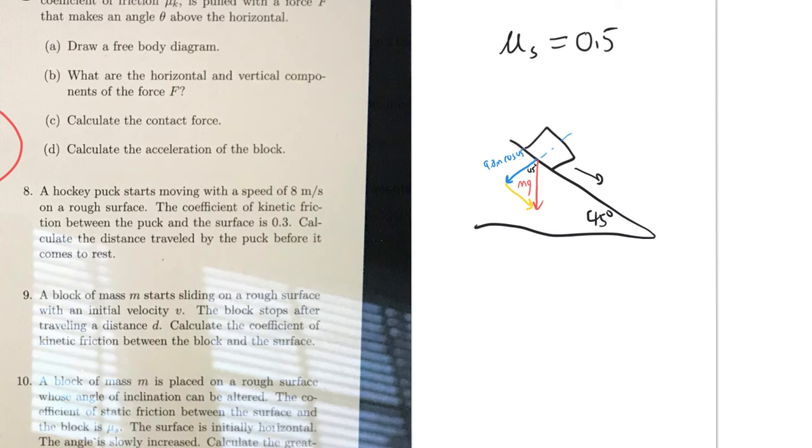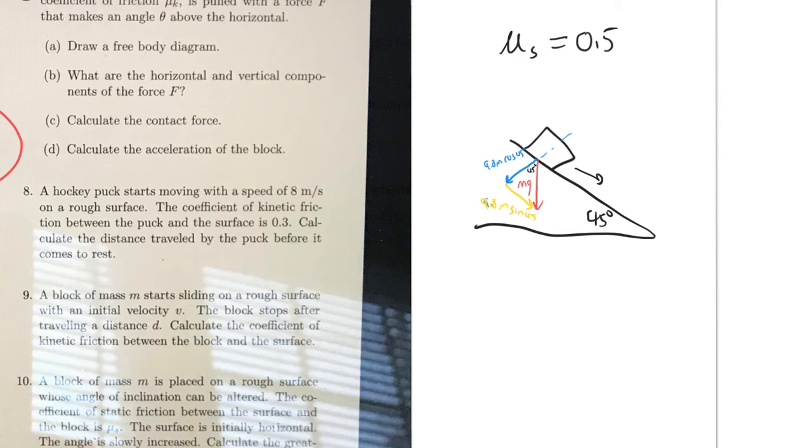So, okay. And the yellow one is going to be 9.8 times the m, the mass, times sine 45.